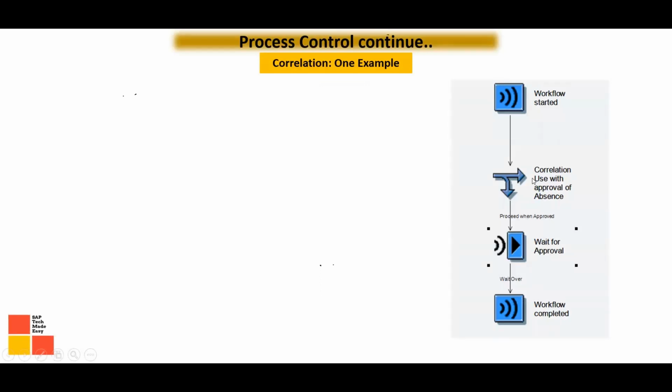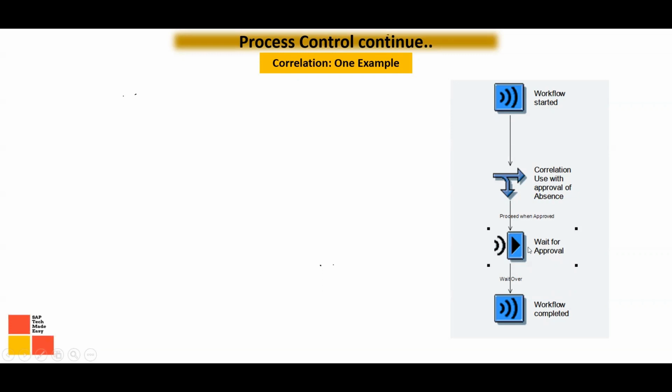Okay, one process control will be there with the correlation with approval of absence, where I will choose the option activate correlation, and this particular workflow will be completed when the absence request from outside will be approved.